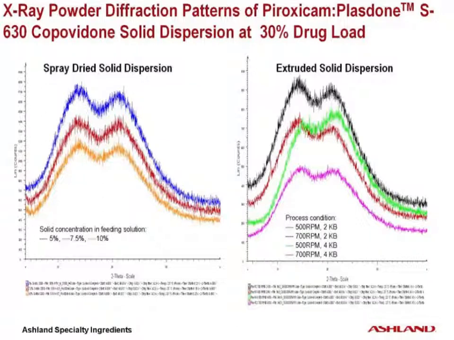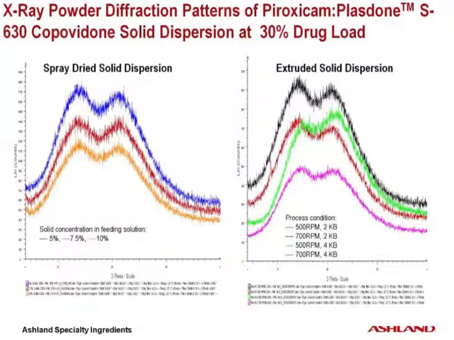The right-hand side is the result of melt extruded solid dispersions. At a screw speed of 700 RPM, both samples are amorphous. At a screw speed of 500 RPM, only the sample processed with 4 kneading blocks generated amorphous solid dispersion.